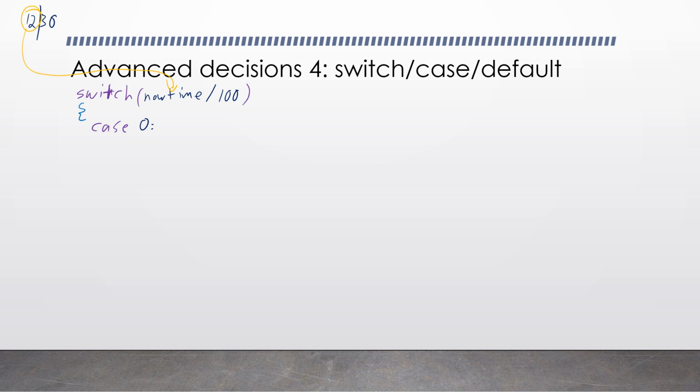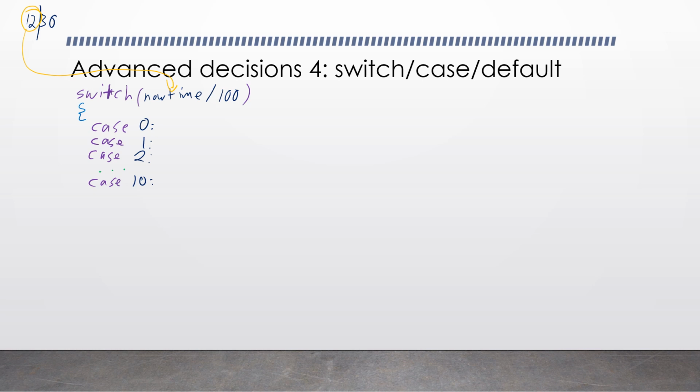I can group that with case 1, case 2, and I can keep doing this, all the way down to case 10, because we decided that 11 was when we wanted to start saying good day instead.